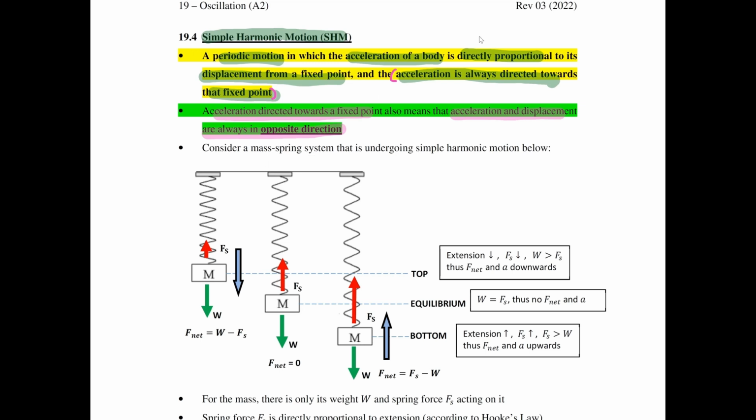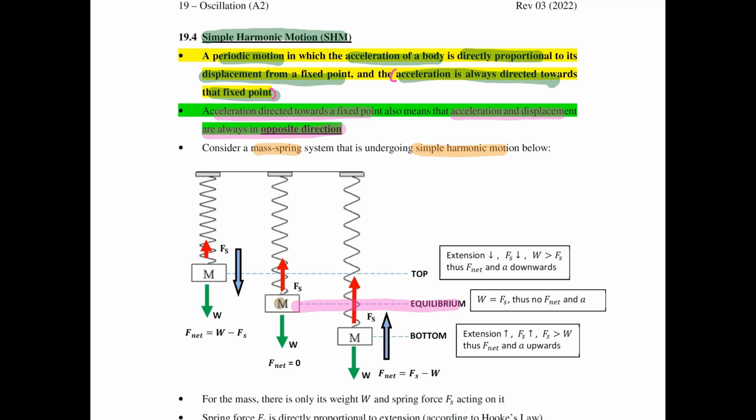So if you were to consider a mass spring system that is undergoing simple harmonic motion below, let's just say that when the object was at rest at equilibrium position, it was right over here. Okay, now when the object is at equilibrium position, you go and attach a mass right over here.